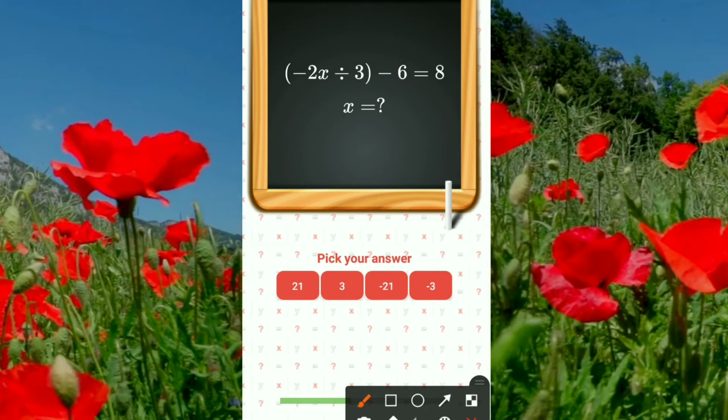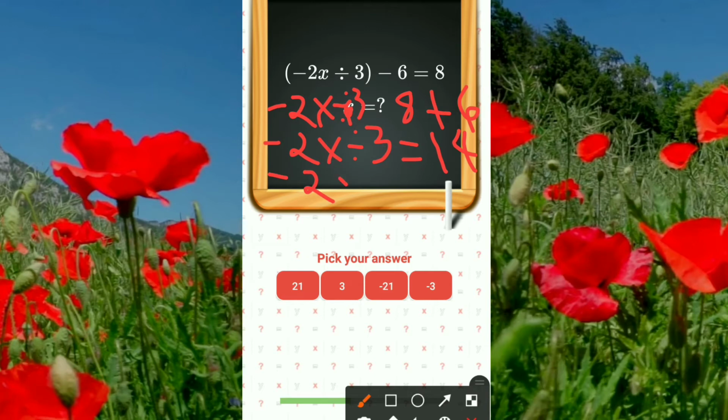So ayan, 8 plus 6. So, erase muna natin. So, yung negative 6 po natin is magiging positive 6 plus 6. Then, copy the negative 2x divided by 3 equals, so yan. So negative 2x divided by 3 equals, so 8 plus 6 equals, ilan? 14.